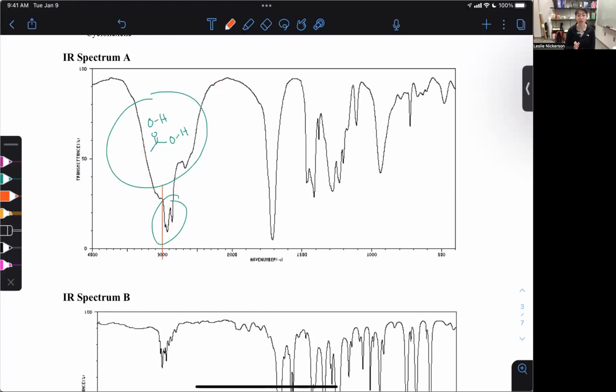So that 3000 line is my dividing line between carbon sp3 to H, and then carbon sp2 to H would be on the right hand side. Okay, so because this is just right below 3000, that's going to be my sp3 carbons.